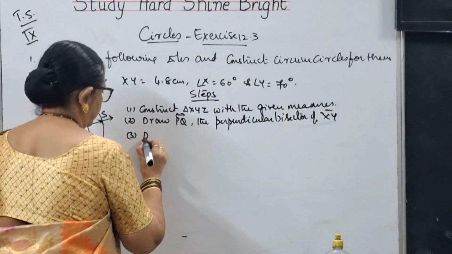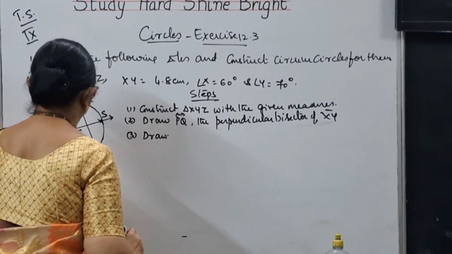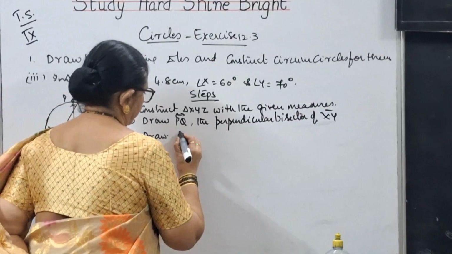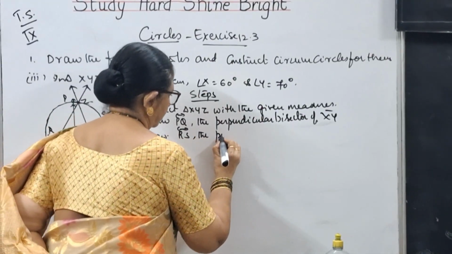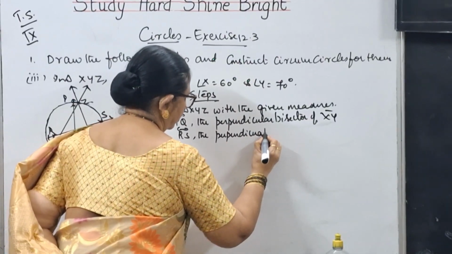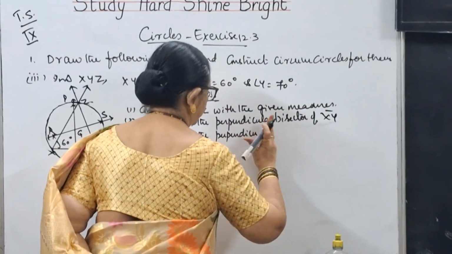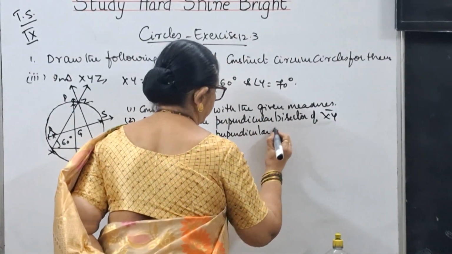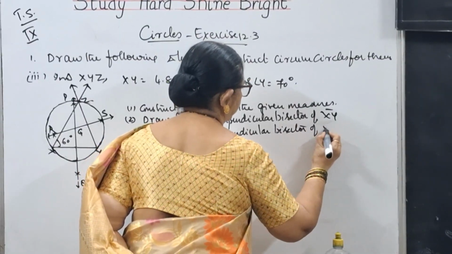Next, draw RS, the perpendicular bisector of YZ.